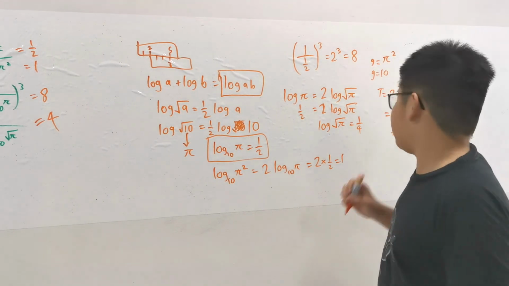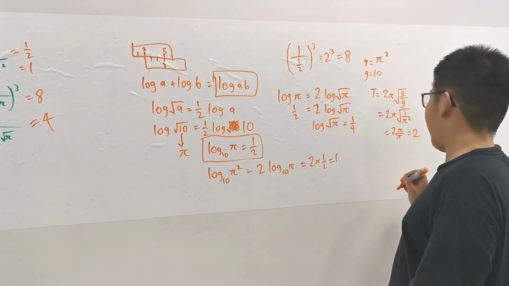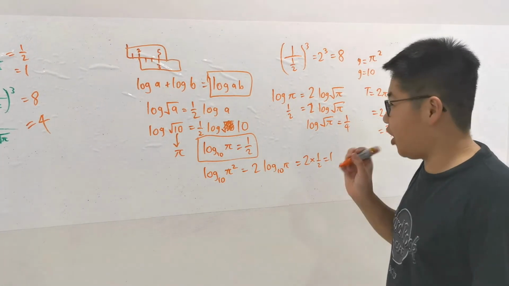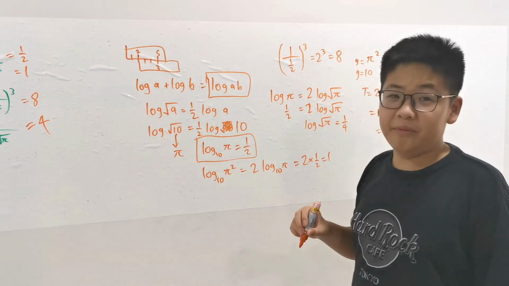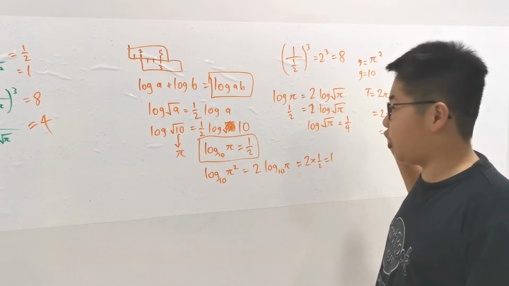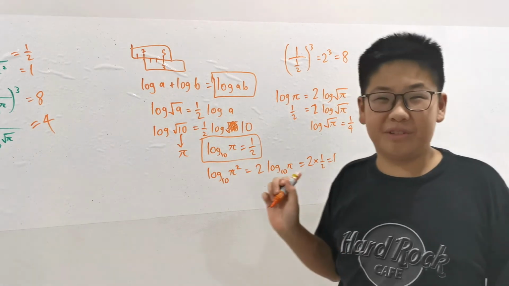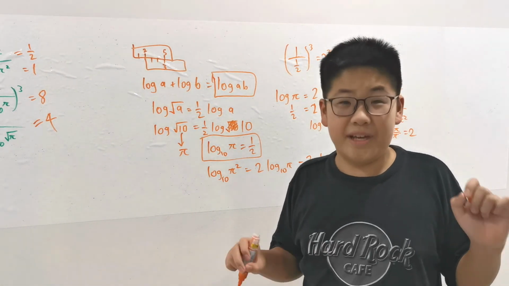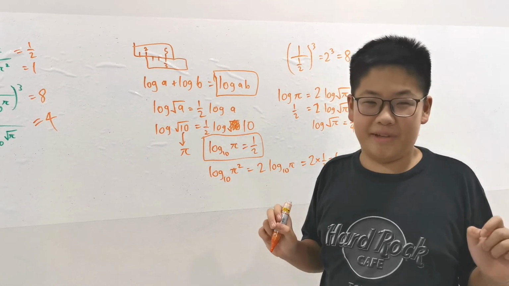So if g was exactly pi squared, we'd have exactly a 1 meter long pendulum for our pendulum clocks. Unfortunately, gravity doesn't let us do that, and our pendulum clock's pendulum should be slightly larger than 1 meter.